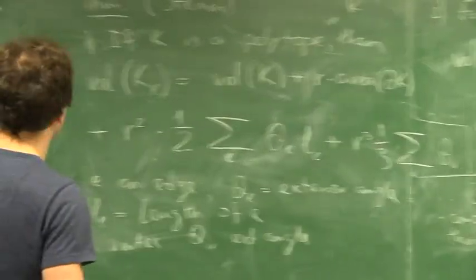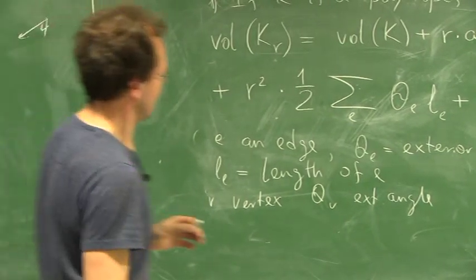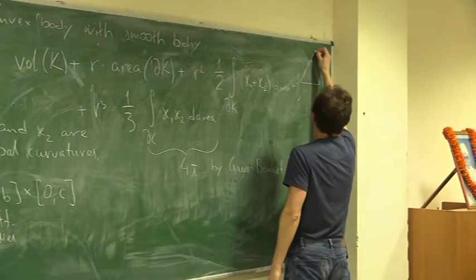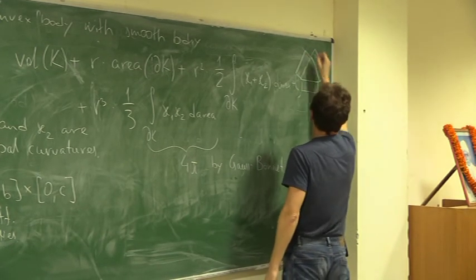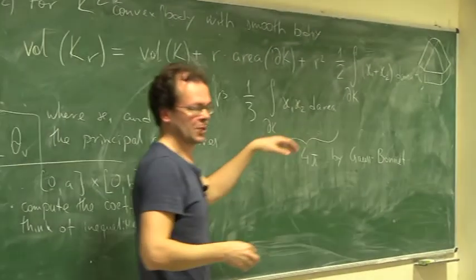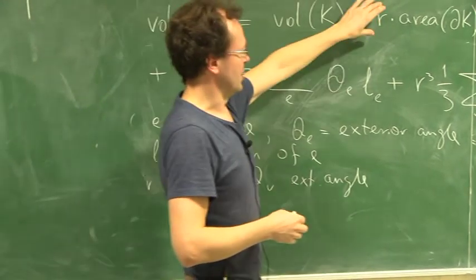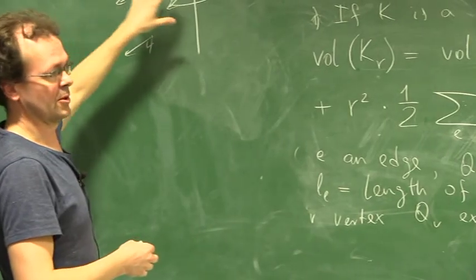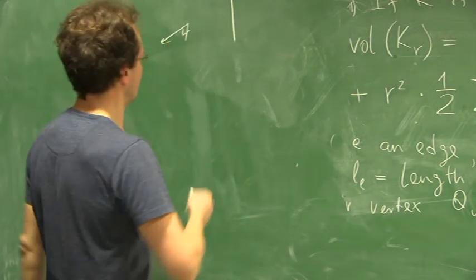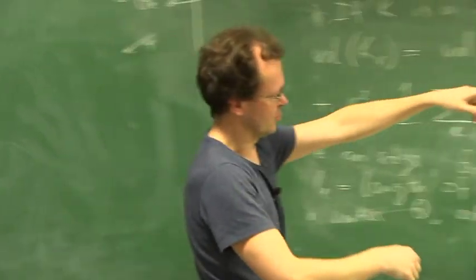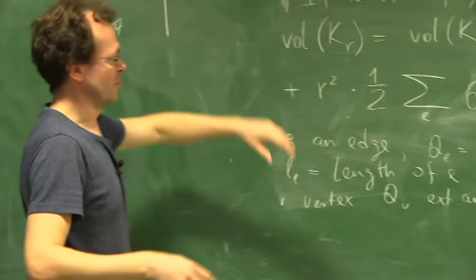So let us look at how this formula is proved. Actually, for the polyhedral case, almost everything is already on this picture, because the other part consists of cylindrical wedges based on the edges, similar to that picture, but multiplied with a segment.